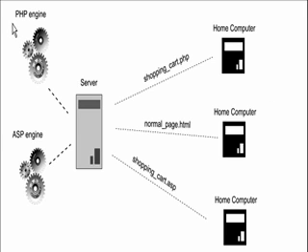Whereas your PHP code and your ASP code, because they're server-side languages, you'll never see on the client. And why? Because the PHP code is processed and interpreted on the server and transformed into typically HTML and text and so forth before it ever gets to the home computer.